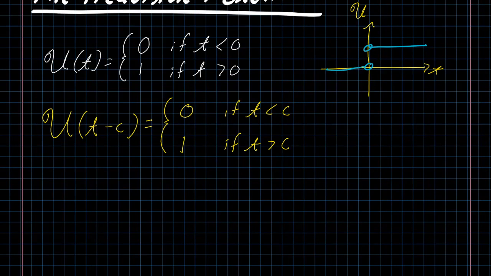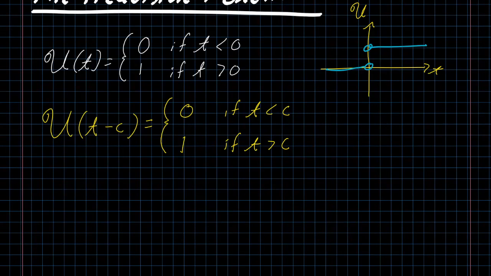Depending on your sources, you'll see a couple of variations of the Heaviside function. First of all, as I write it, the Heaviside function is defined for all real numbers. It's very often defined so that t minus c can take on a range of values, but t itself must be bigger than 0.